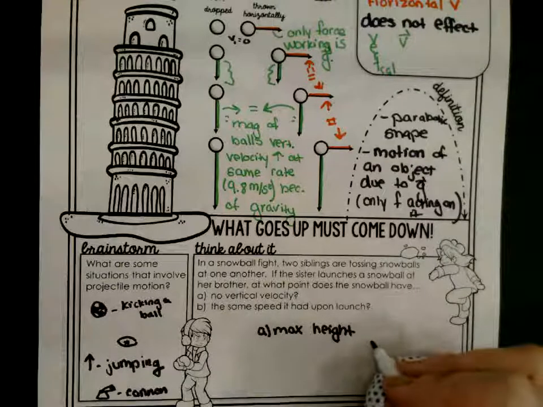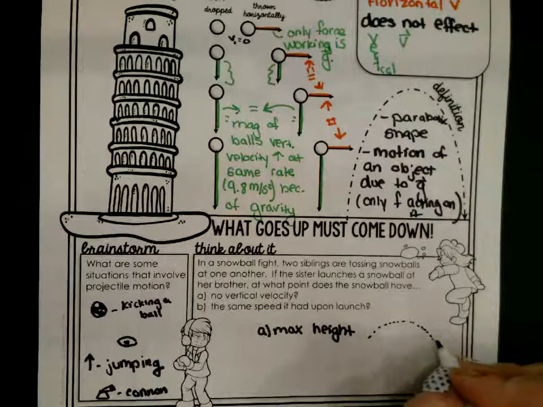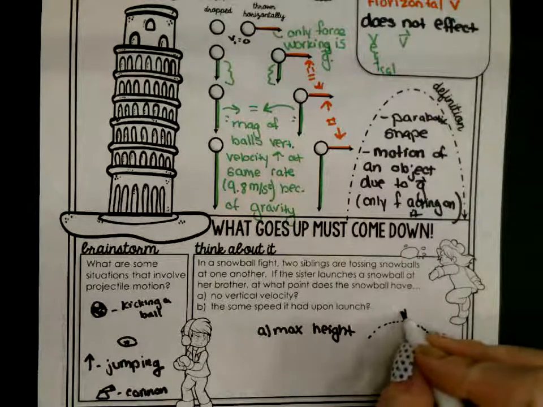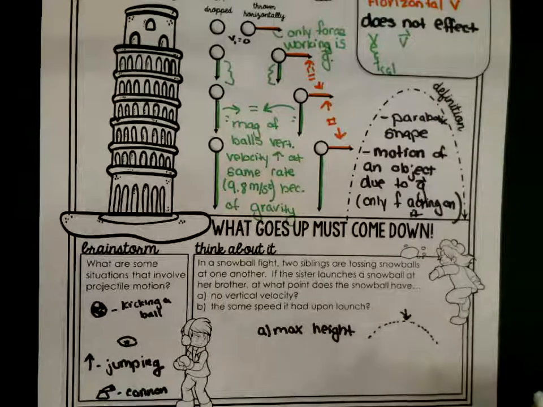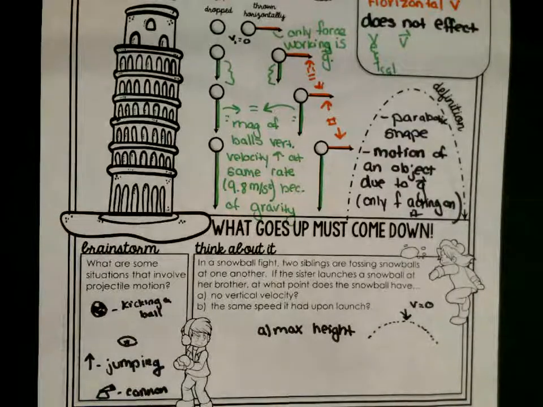And we're going to use the same thing again. So right as that projectile reaches its max height, right there, its velocity is 0. And then it says, if the sister launches the snowball at her brother, at what point does the snowball have the same speed as it did when it launched?